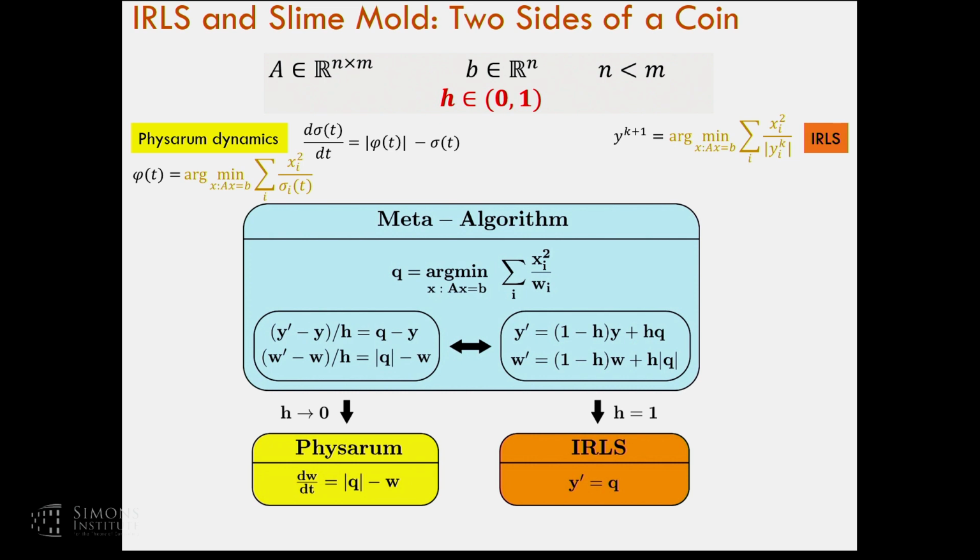So this is how they are connected with each other. And in fact, our analysis goes from here to there. It starts off with some analysis for the Physarum dynamics and ends up actually proving convergence or running time for the meta algorithm, which then implies the convergence of the IRLS method, or rather a damped version of the IRLS method.